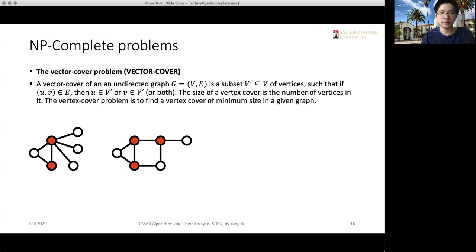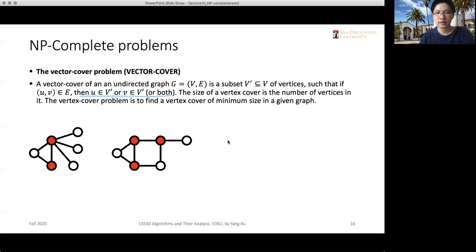For example, the red vertices here cover the whole graph according to the definition. As long as one end of each edge is in the subset, we say it belongs to the cover.